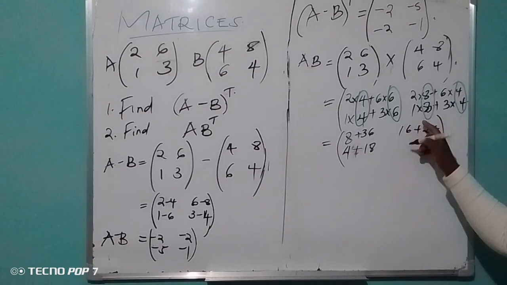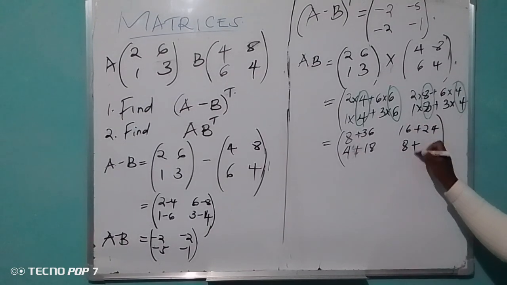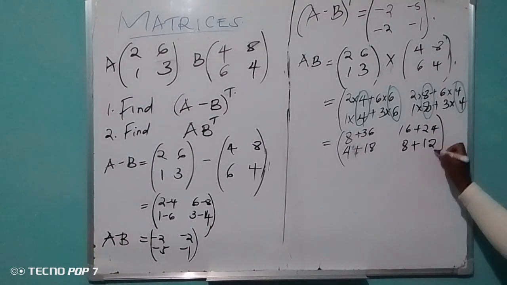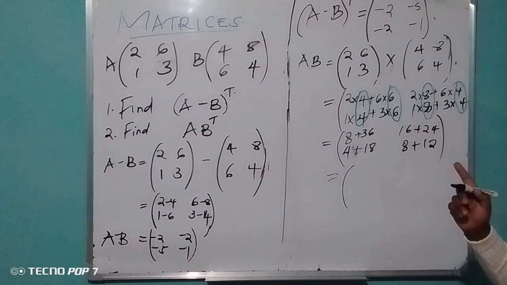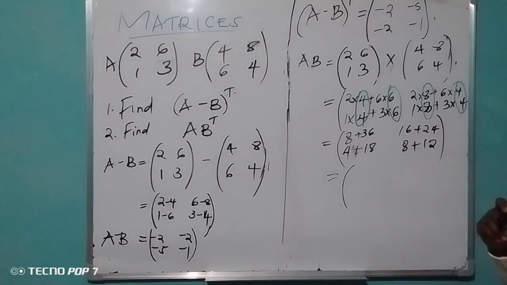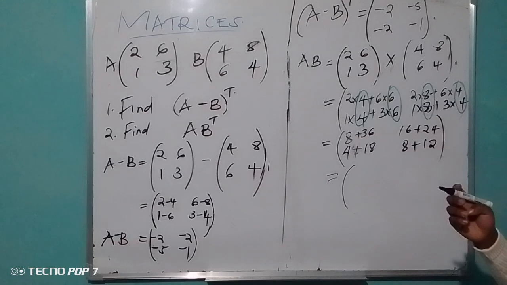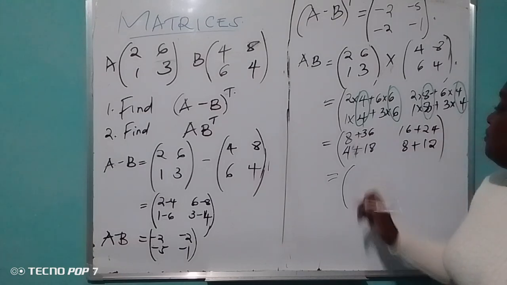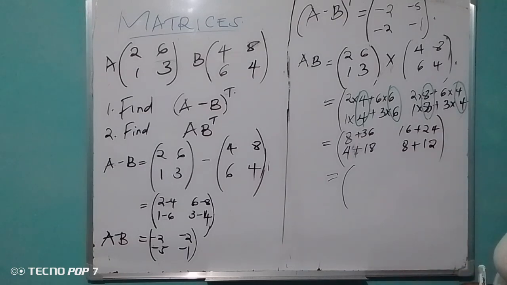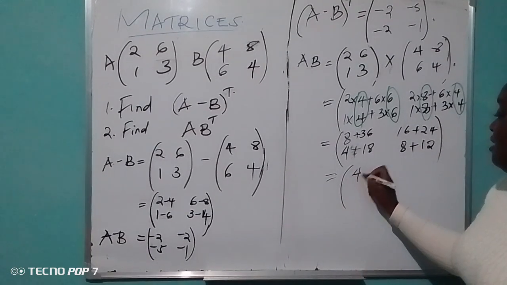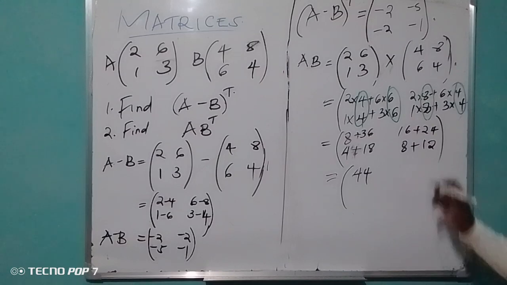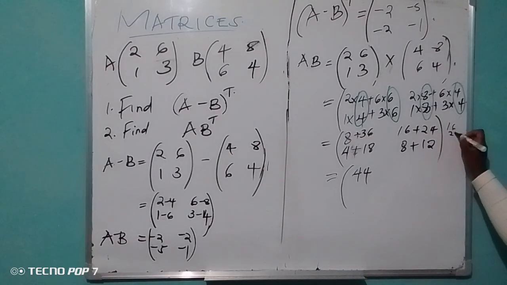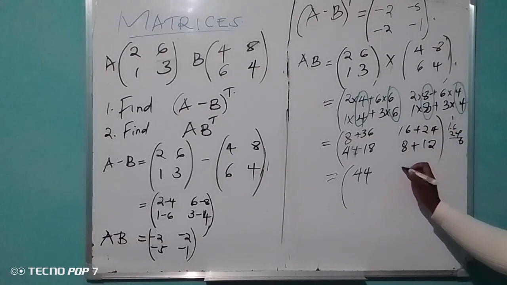Then here it becomes 1 times 8 plus 3 times 4. Then 36 plus 8 is 44. Yes, 44. 16 plus 24 is 40.